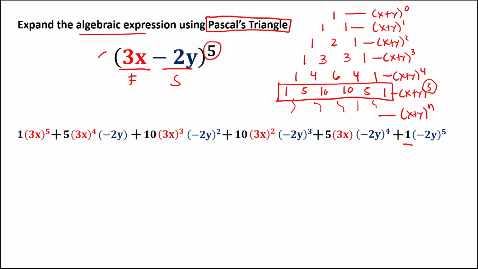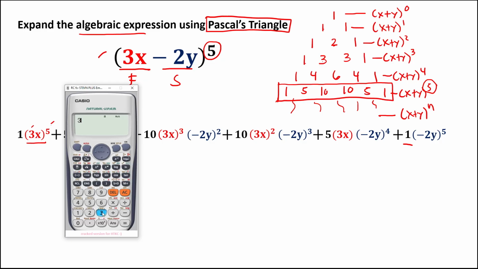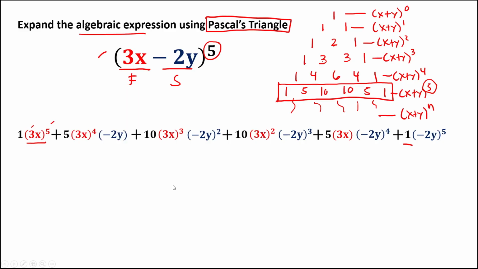Then to simplify, for this 3x to the power 5, since 3 to the power 5 is 243, this is 243 x to the power 5.